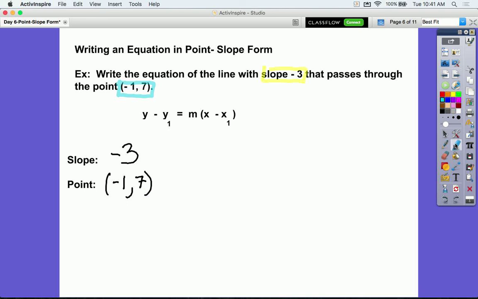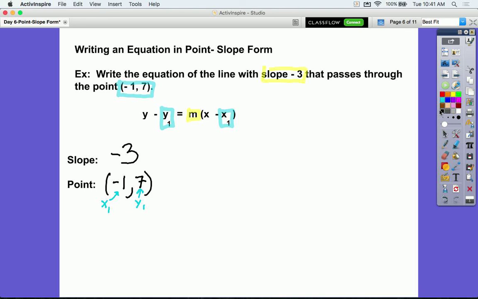Now I'm thinking back to what we learned yesterday and how I use those values in the equation. We know not to freak out about those little sub numbers, x1 and y1. We know that those are just points. There's my x1 value, and there's my y1 value. It's just saying given any point, any one set of points. So now let's see if we can plug these numbers in to write our equation.